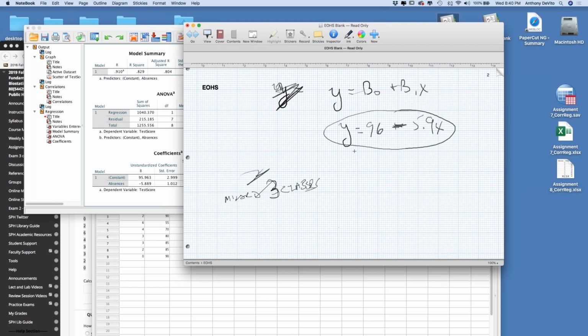Well, y is really the test score, which is equal to 96 minus 5.9 times x, where x is the independent variable, which is absences. This formula would predict that if he missed 3 classes, I would expect his test score to be equal to 96 minus 5.9 times 3 absences, right? So we're using this to predict an outcome.